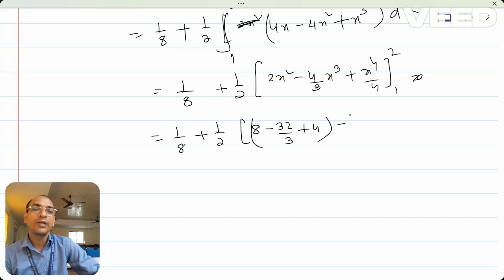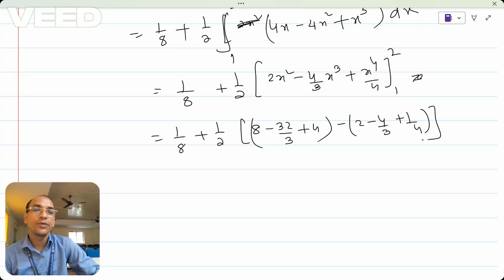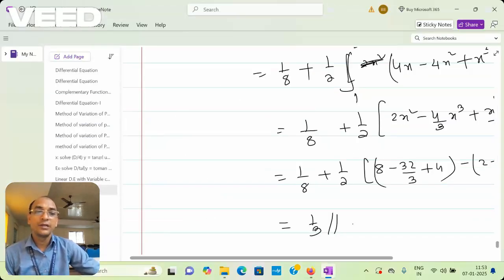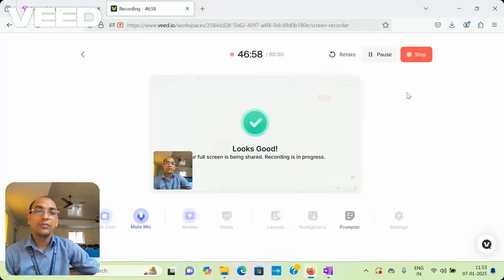Upper limit minus lower limit: x is 1, so 2 minus 4 by 3 plus 1 by 4. So what is the simplification? If you simplify it, you will get 1 by 3. So this is the way to change the order of integration and evaluate the double integral.